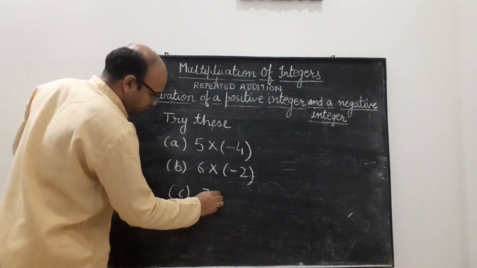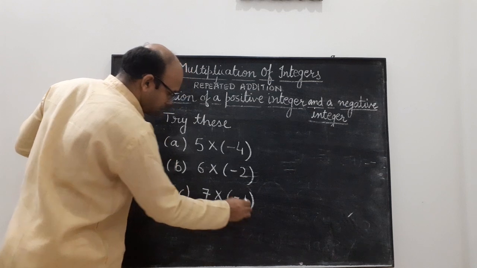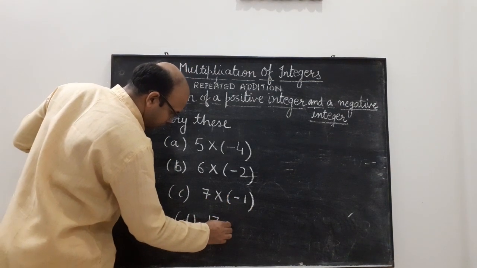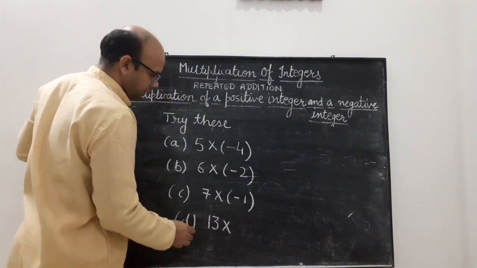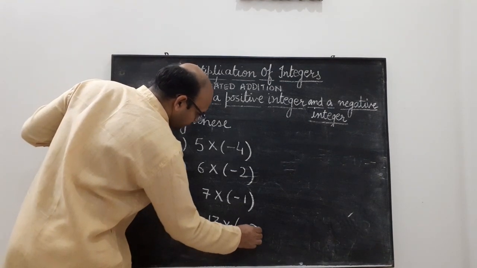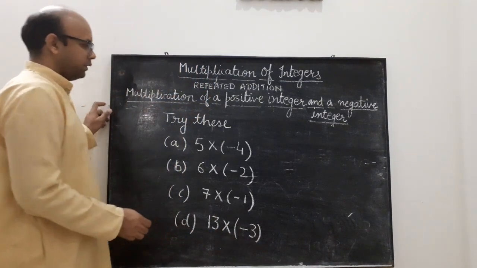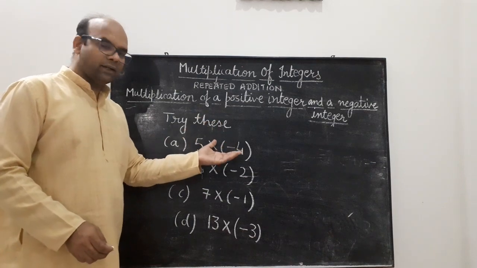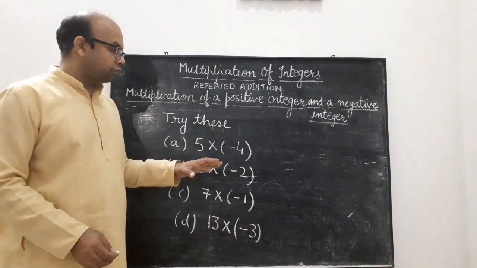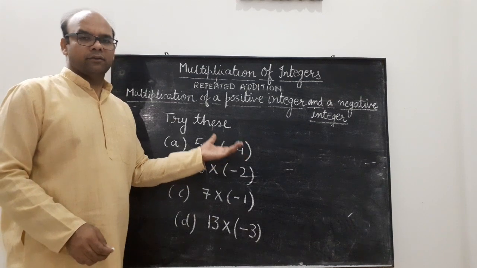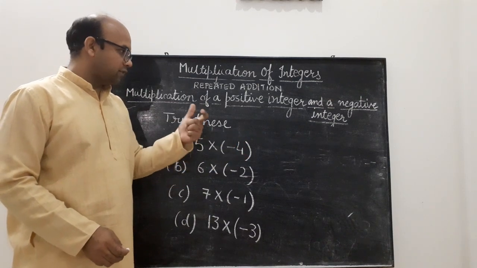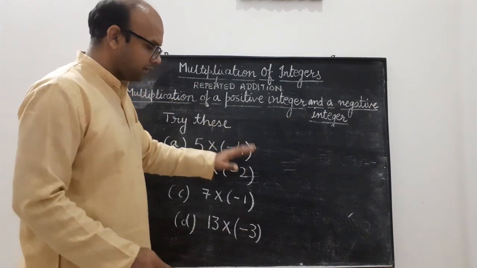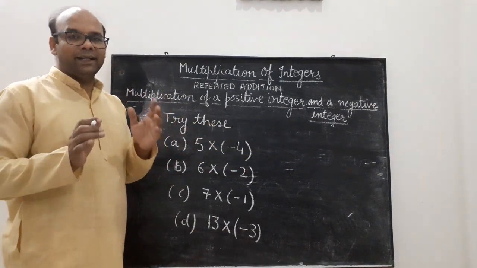What will be 7 times minus 1? 13 cross minus 3? These types of answers you can calculate, you can directly write the answers, or if you want, use the number line, plot the things and get the result. This will help you in building up the concept.